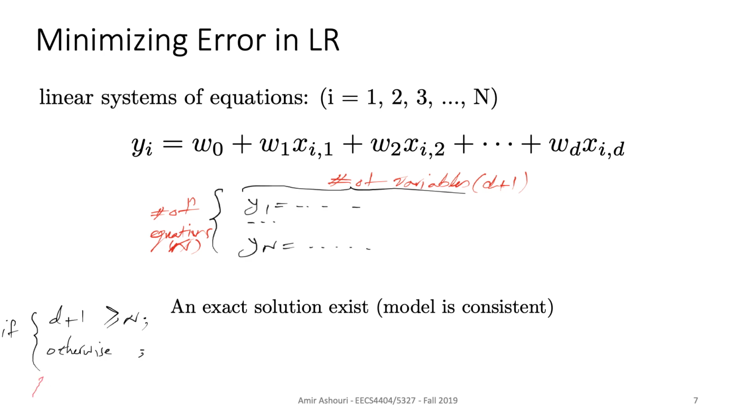Otherwise, when you have many experiments, so N is way bigger than D, we don't have any exact solutions.